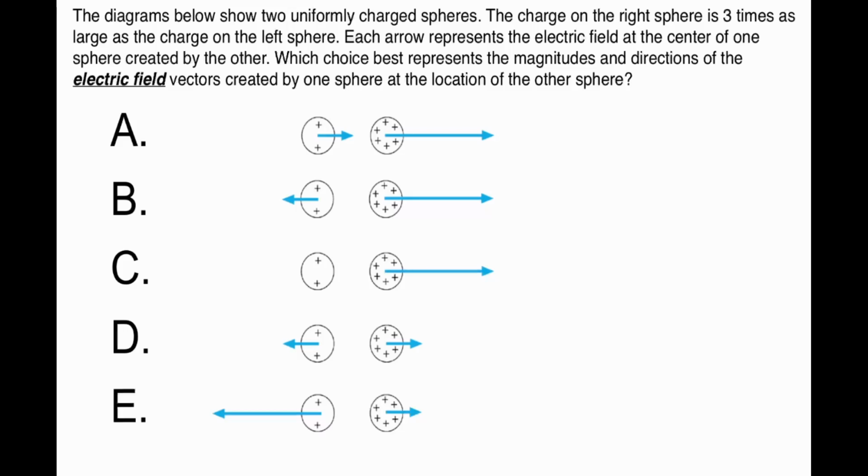This one, I'm hoping, is kind of obvious. All right, turn to your neighbors and decide which one it is. Go.